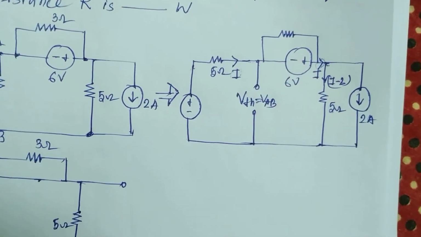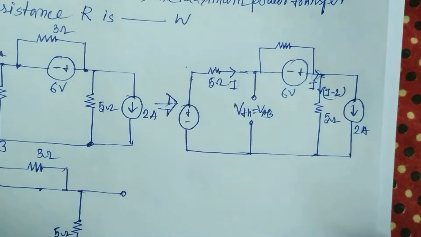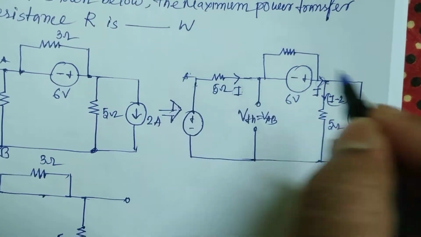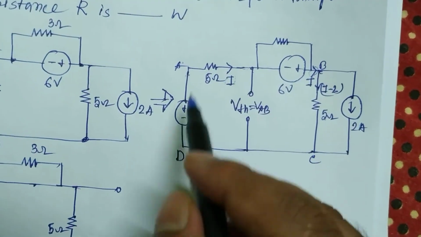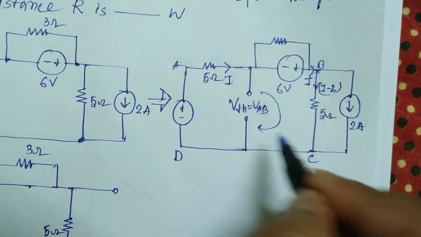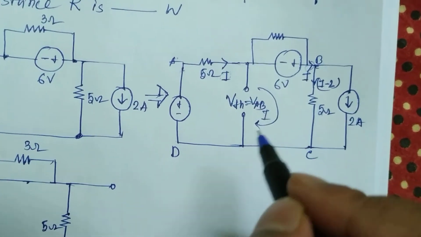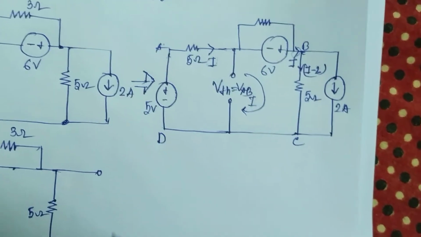Now we can apply KVL in the section A, B, C, D. In this loop we can apply KVL. The current here is I. It is a 5 volt source.